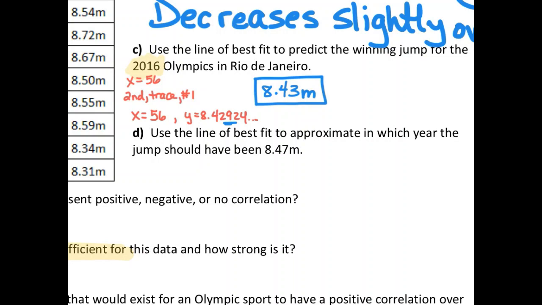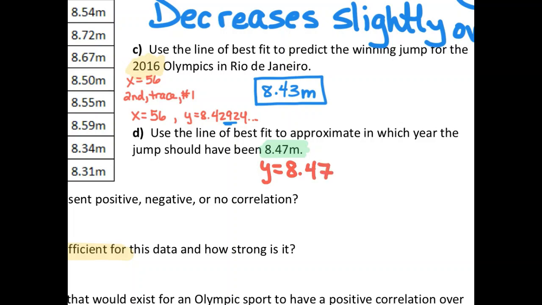Now, in Part D, they ask you to use the line of best fit to approximate the year in which the jump should have been 8.47 meters. Notice here that 8.47 meters is a y value, and so you need to remember the process for finding an x value when you're given a y value.